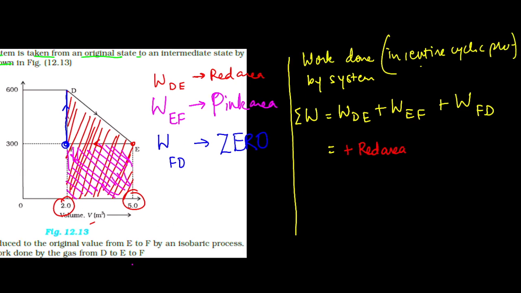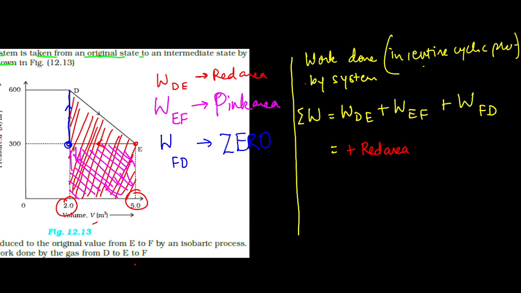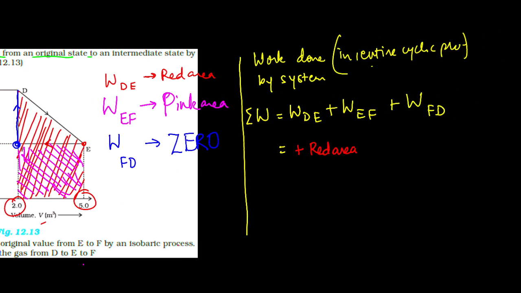Remember it was written in the sign convention, when system's volume is decreasing, then work is done on the system, or work is negative. So here I will write minus pink area. Is it clear why minus pink area? Not plus, minus. And the last one is 0. Okay, ignore.